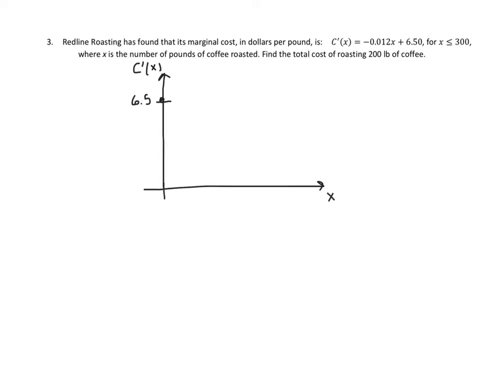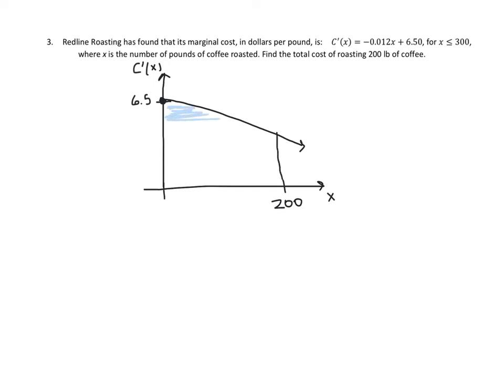So we cross the y-axis at 6.5, and then we have a negative slope. So the graph is going to look something like this. And we are interested in calculating the area over the interval 0 to 200. And that'll give us the total cost.